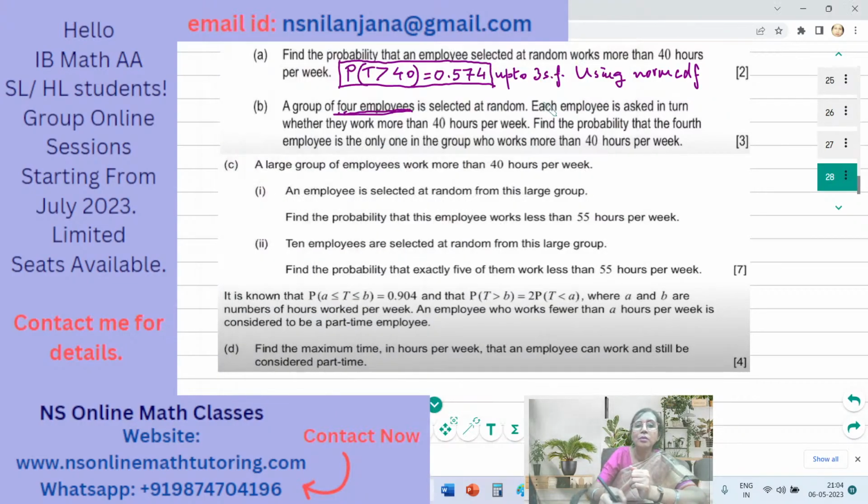So it is 0.0443. Let me just write it over here.